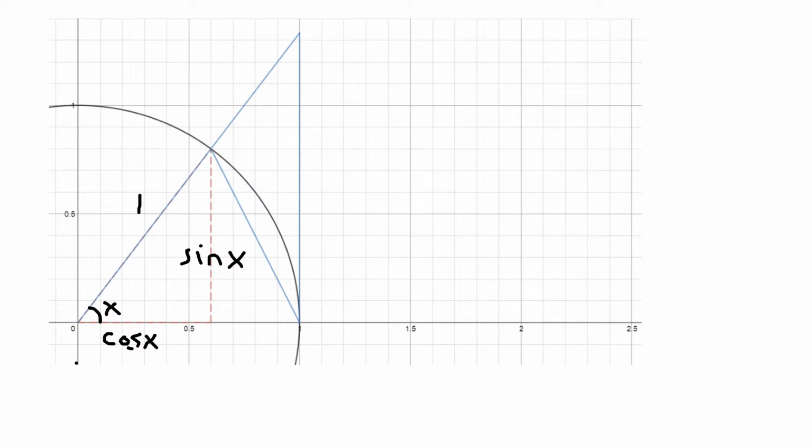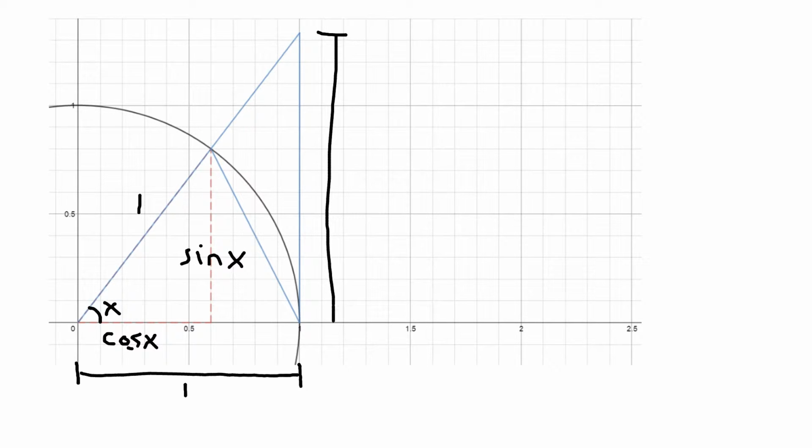And also the edge here, this is also the radius of the unit circle. This also has length 1. And what else? Well, the height of this large triangle here, this is tangent x.